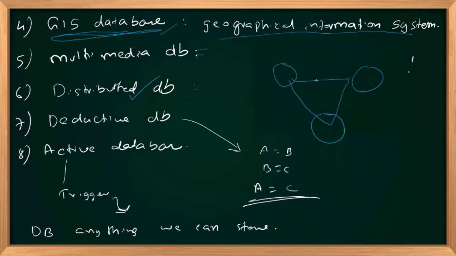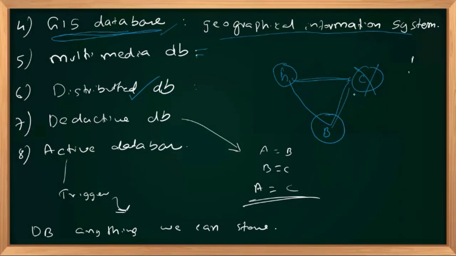What is the advantage of distributed database? Suppose Chennai zone is down. This server is down. The information is retrieved from another zone, Hyderabad or Bangalore zone. This is the benefit of distributed system.